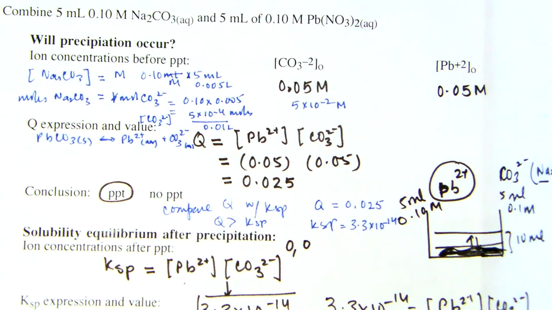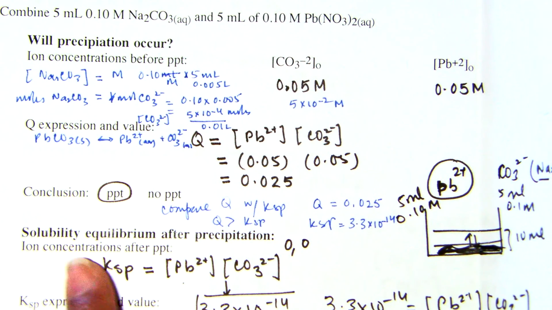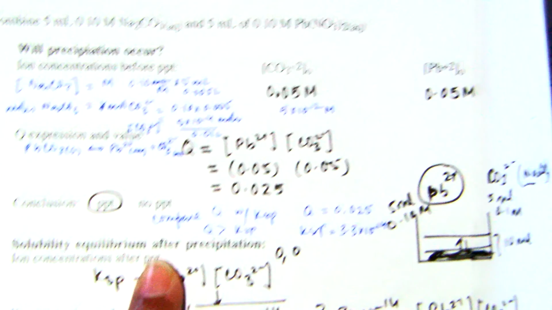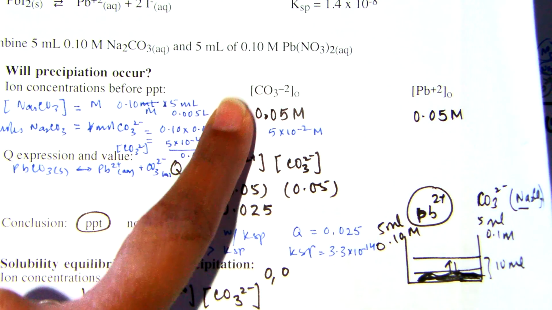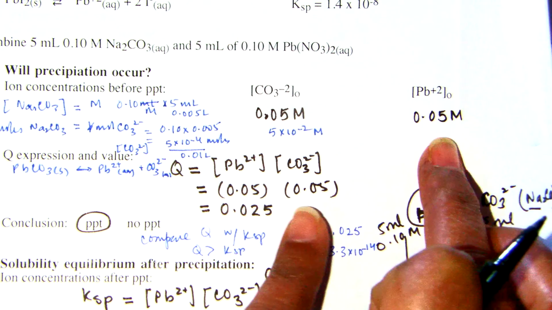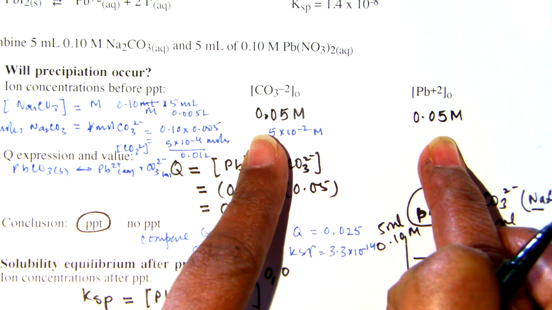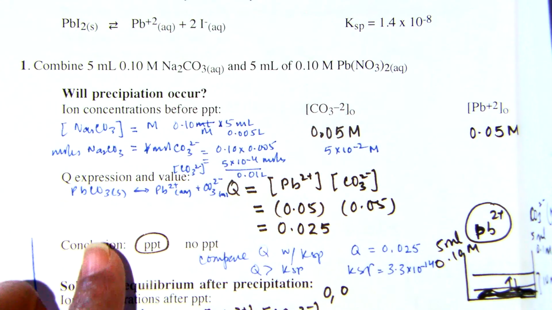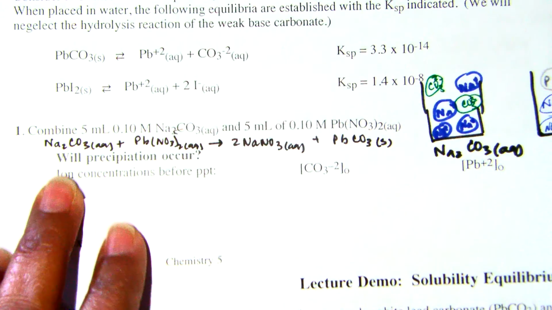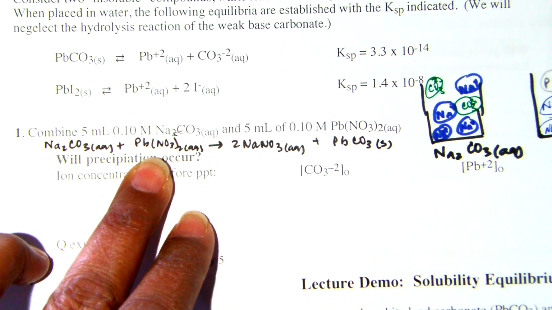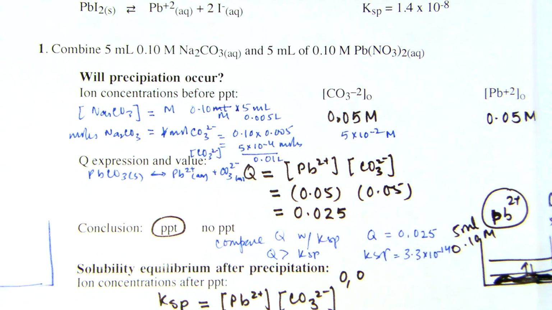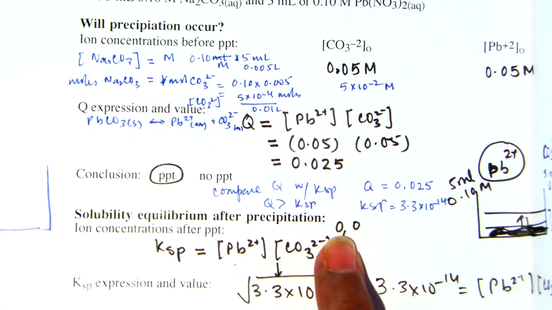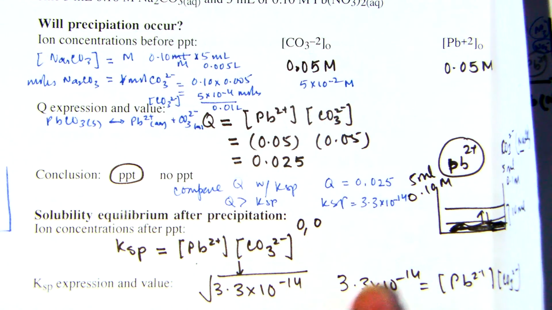You took carbonate and lead ion in a 1:1 ratio, and our reaction tells us that they react in a 1:1 ratio, right? So you will have no ions left after precipitation, so 0 and 0. All of the lead and carbonate would have precipitated, and part of it will go back and set the Ksp equilibrium.